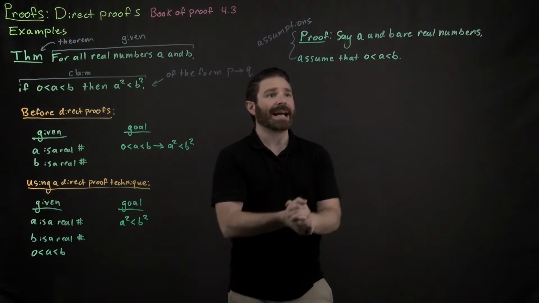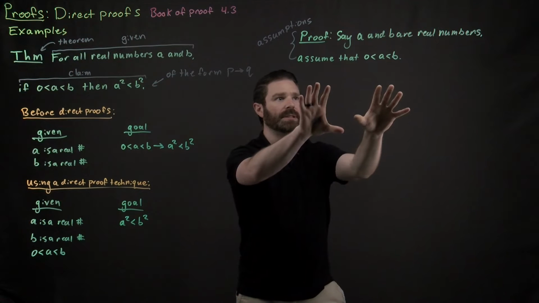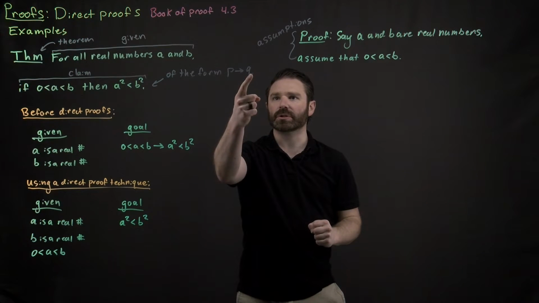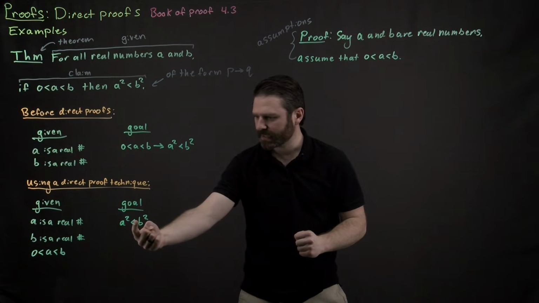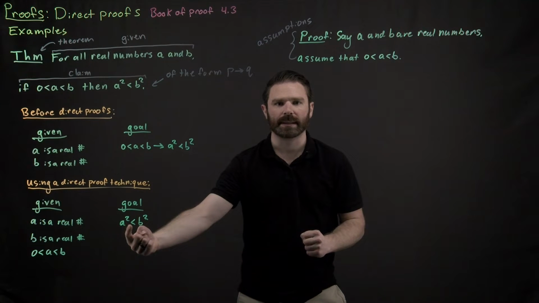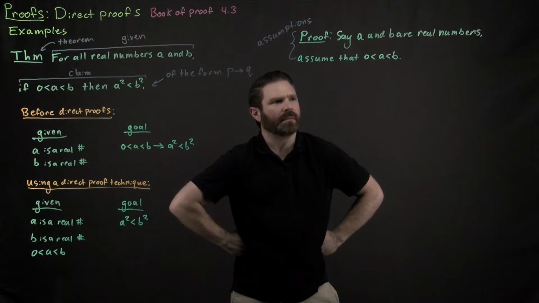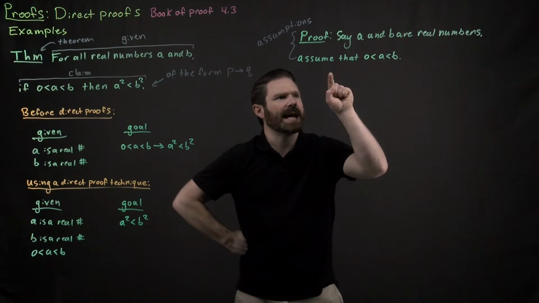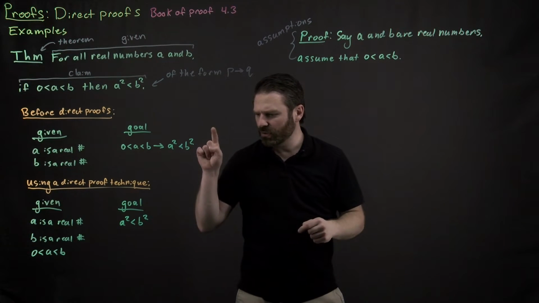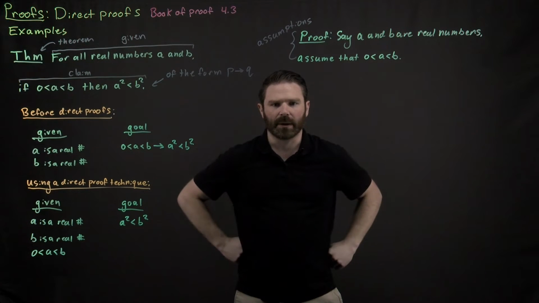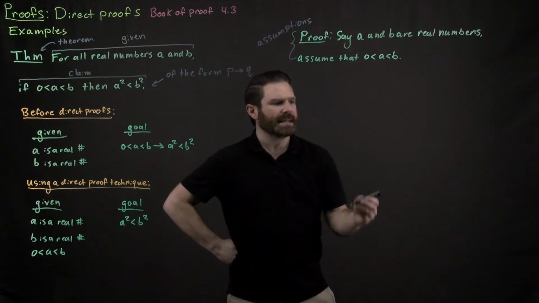And what we had to do next is construct an argument that showed that Q is true. And Q in this case is this inequality, a squared is less than b squared. So somehow now I have to make an argument that shows that this inequality leads to that inequality. So let's see here.